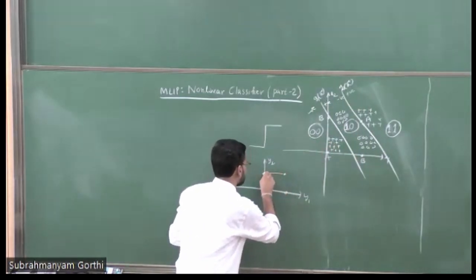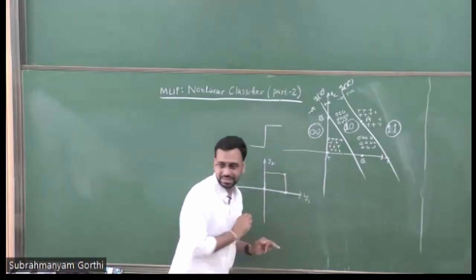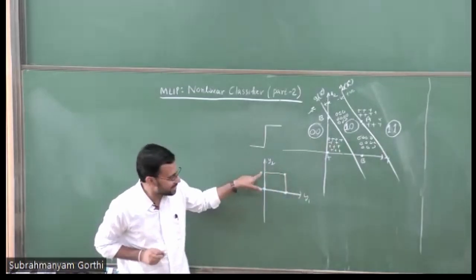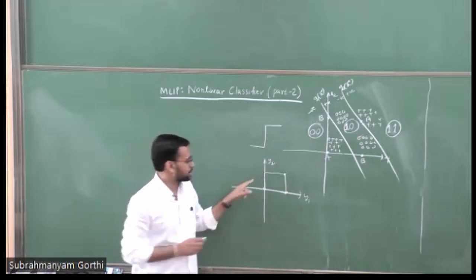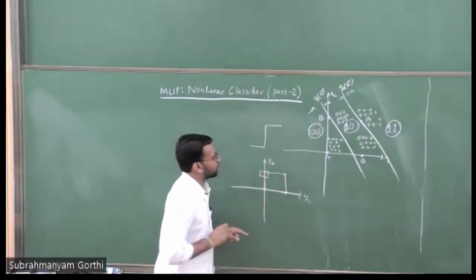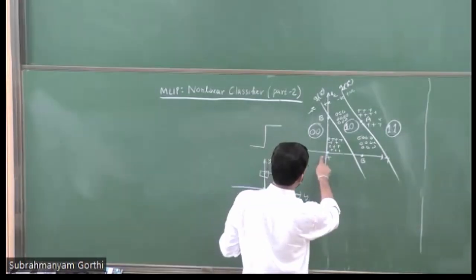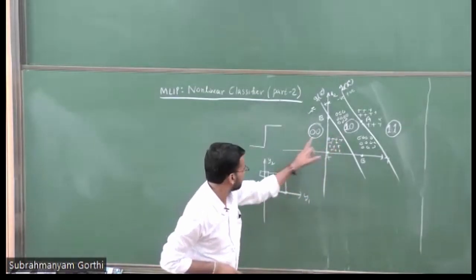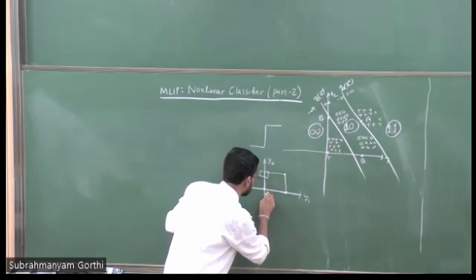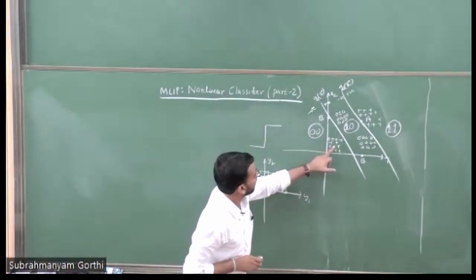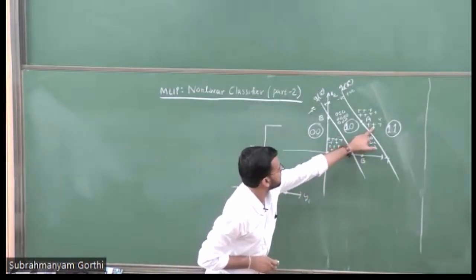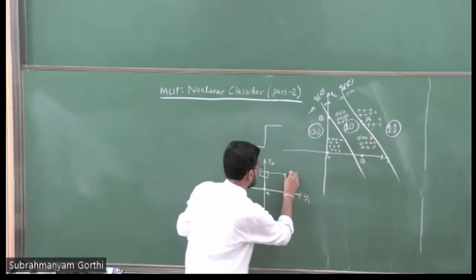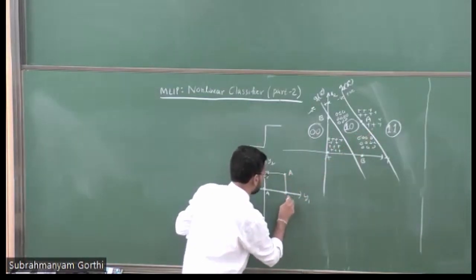So you see here a square of length 1. One of them, which one am I calling class A? This I am calling class A, which is 0, 0. So this is A, and then what else is A for me? This is also A, 1, 1. This is A, and this is B for me.